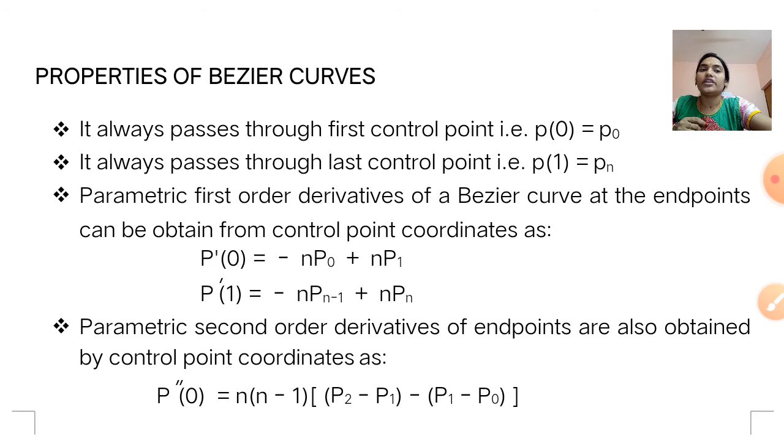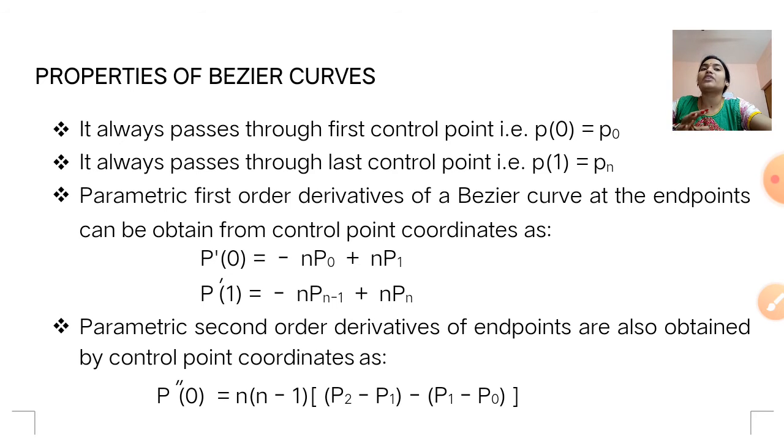Parametric first order derivatives of a Bezier curve at the endpoints can be obtained from the control point coordinates as P'(0) equals minus nP0 plus nP1, and P'(1), meaning the last control point, equals minus nP(n-1) plus nPn. This is the parametric first order derivative.